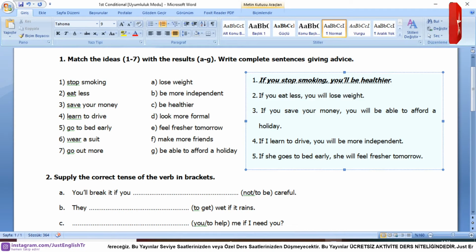If you go out more, you will make more friends. Yes, you will make more friends. Number 7 is F. If you go out more, you will be sick.